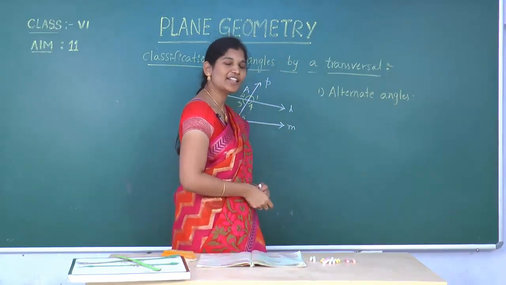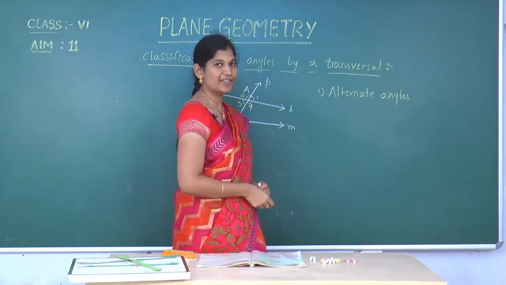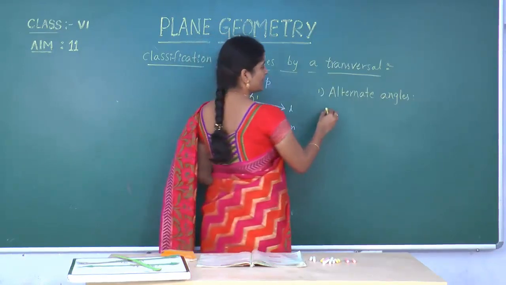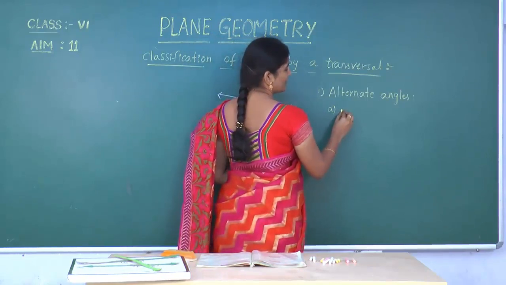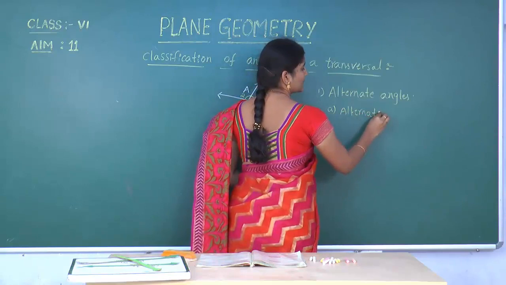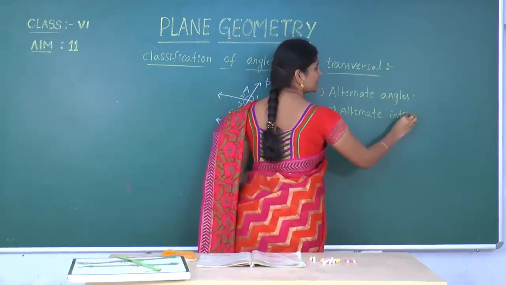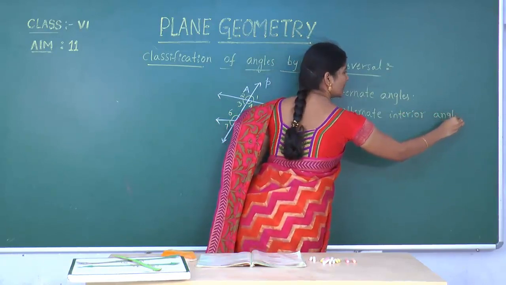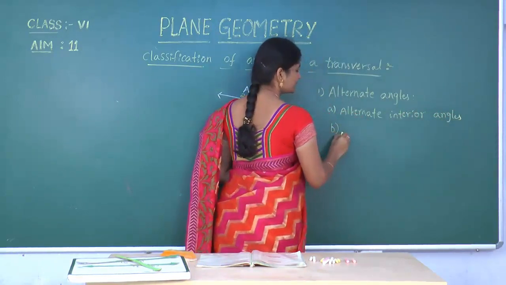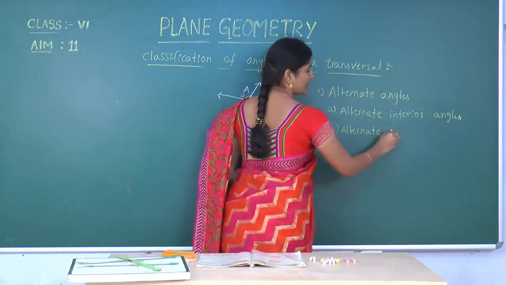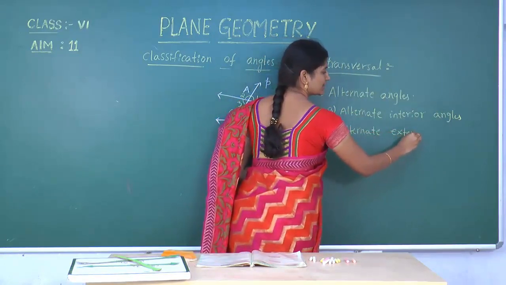Those are alternate interior angles, and the second one, alternate exterior angles.